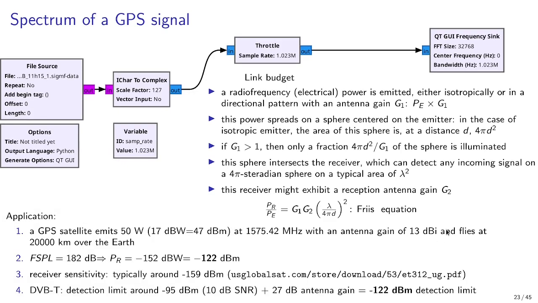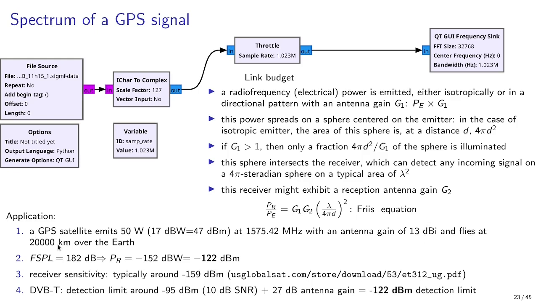Now, by doing the analysis, we are informed that GPS transmits 50 watt or 17 dBW, which is converted into 50,000 milliwatt or 47 dBm, on a carrier frequency f that will feed the free space propagation loss over the wavelength variation, with a 13 dBi coming over here.